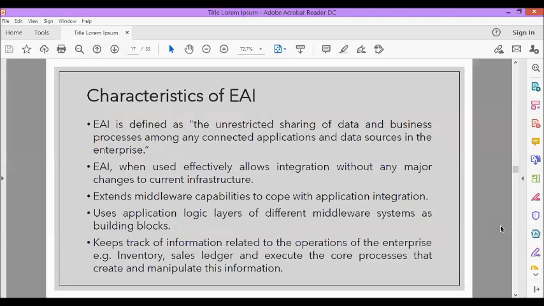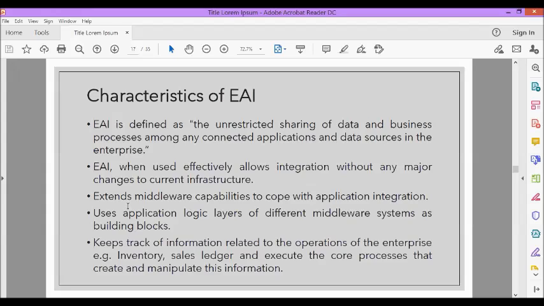Now let's proceed with a list of the characteristics of EAI. EAI is defined as the unrestricted sharing of data and business processes among any connected applications and data sources in the enterprise. EAI, when used effectively, allows integration without any major changes to current infrastructure.